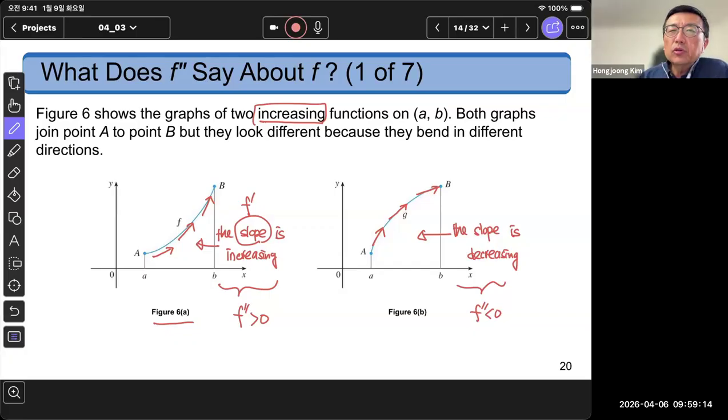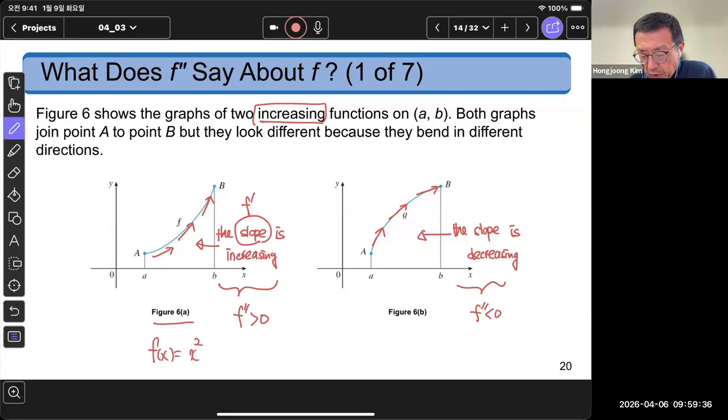So what I usually do personally is this. Since the first derivative and second derivative are a little bit confusing, what I usually memorize is to consider the x squared function and the negative x squared function.